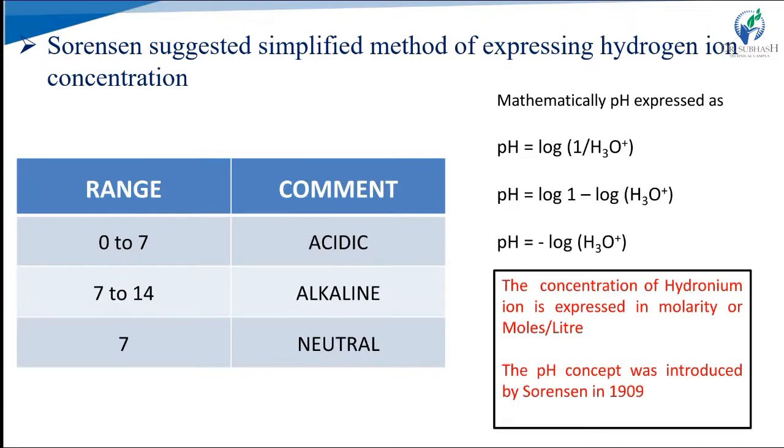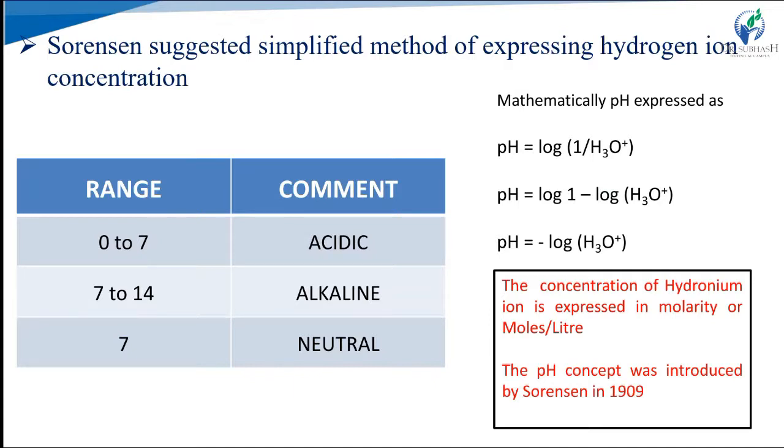So the pH values, we already know, range from 0 to 14. In that, pH 0 indicates that the solution is strongly acidic in nature, and pH 14 represents that the solution is strongly basic or alkaline in nature.